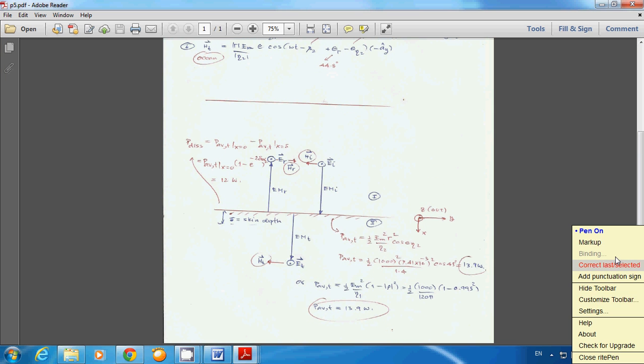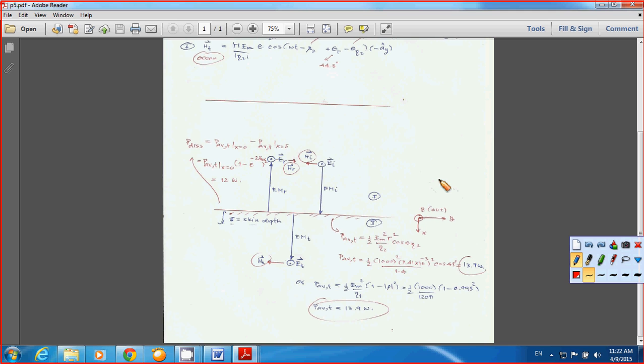Now take a look at the overall picture. You have medium number 1, which is air, and medium number 2, which is ocean. You have the incoming incident electromagnetic wave, EI, in the Z direction. So your HI has to be in the negative Y direction.